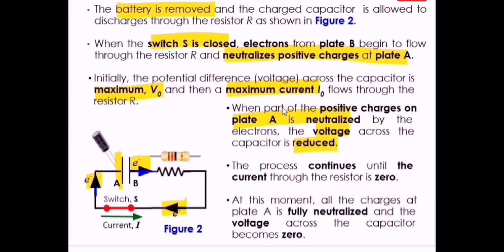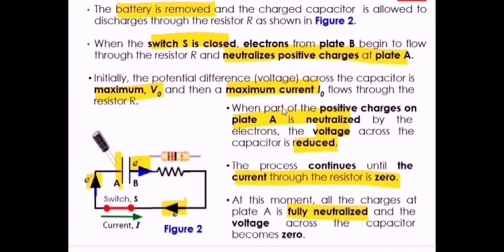Okay, this process continues until the current in the resistor is zero. When the current in the resistor is zero, we say that the capacitor is fully discharged. Everything has been discharged and plate A is fully neutralized.